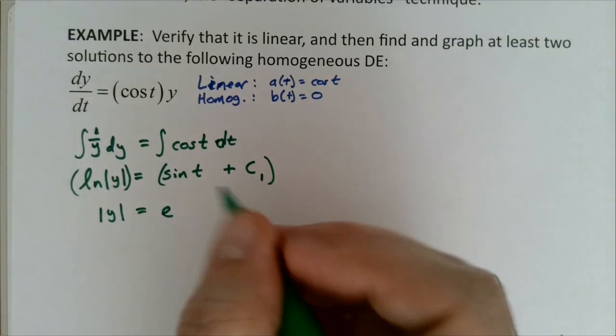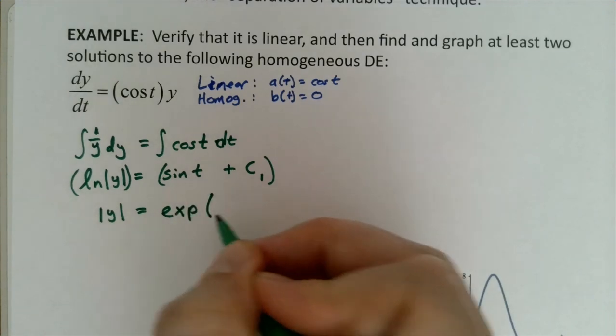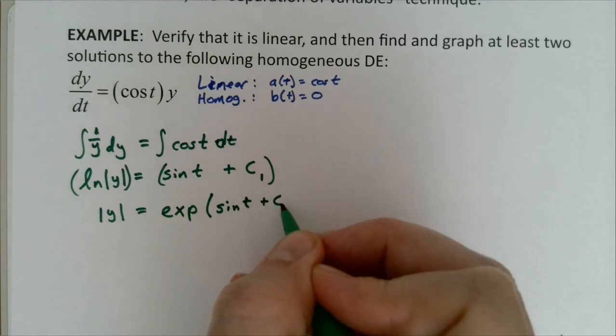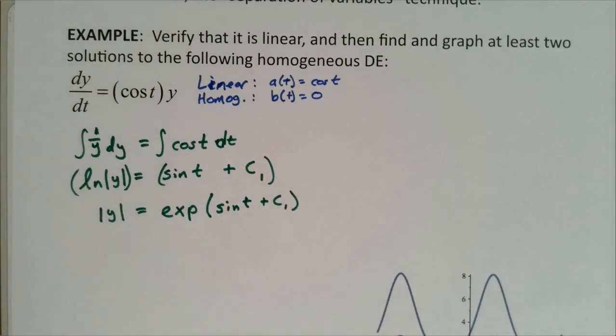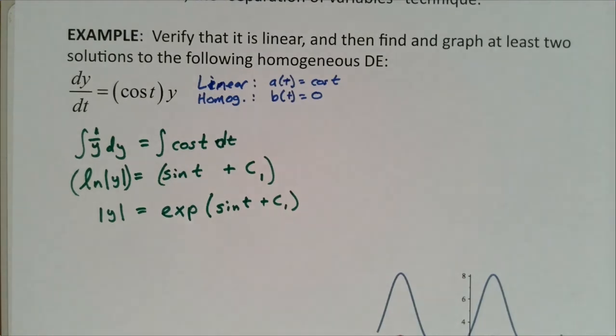A shorthand way that mathematicians will often write this is writing exp, and then parentheses, and everything inside the parentheses is e to that power. It's just a way of avoiding writing the superscript smaller upstairs.